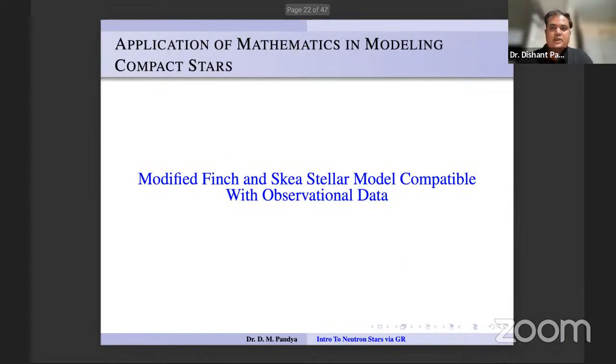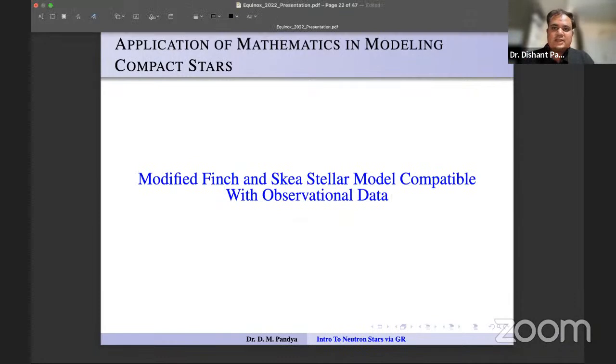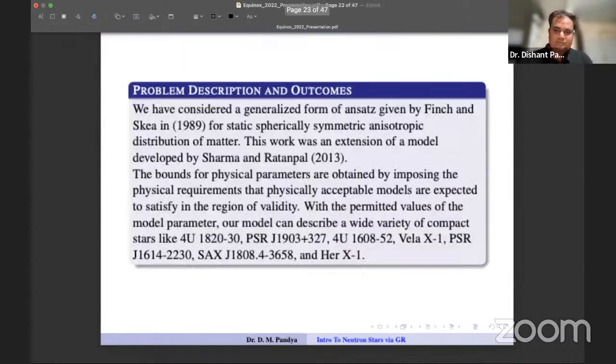Now I'm just demonstrating how I have implemented the full model in order to establish a good working mathematical model, which is basically relevant with the observational data. And that model is the Finch and Skea stellar model. In 1989, Maharaj and Maartens gave an isotropic model, and Finch and Skea basically studied it. They gave us a static spherically symmetric anisotropic distribution.